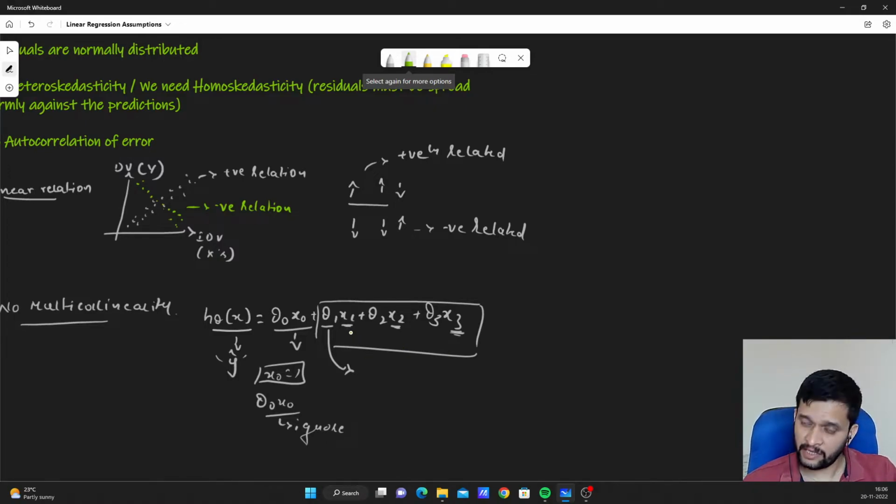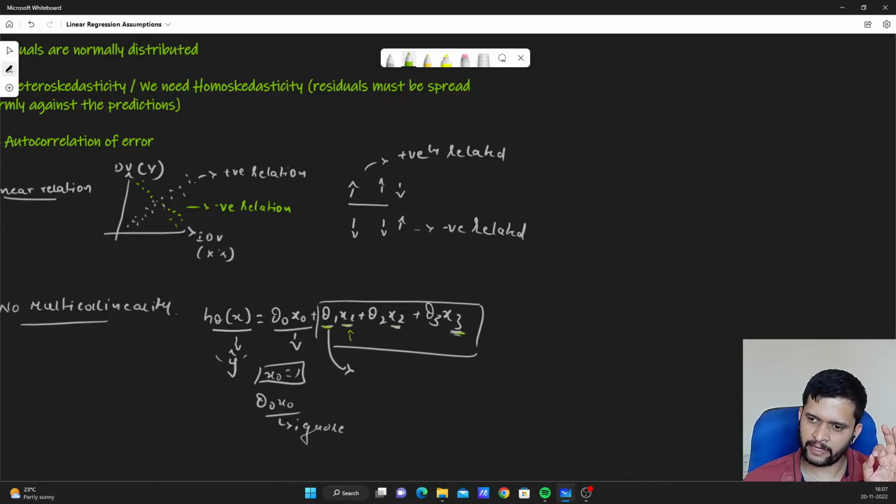So, if there is multicollinearity, if we change the value of x1, accordingly theta 1 should be changed, right? With the help of gradient descent, we will update our theta values. Now, if this change in x1 also affects x2 and x3, this theta 1 will not be the sole indicator of the effect of x1 on y.